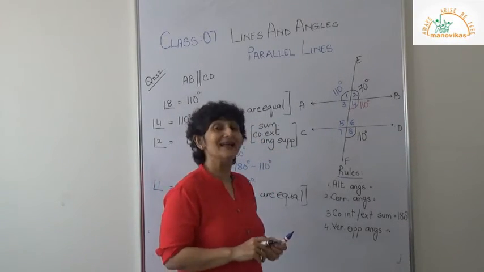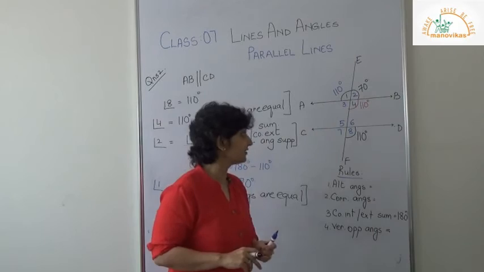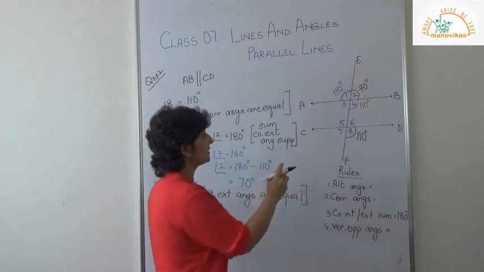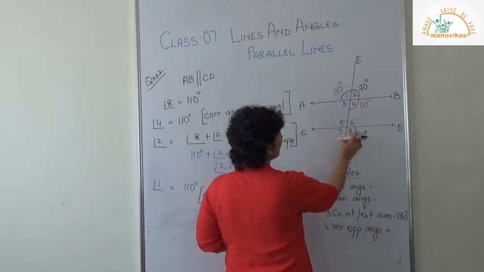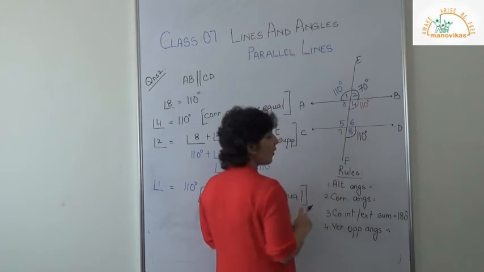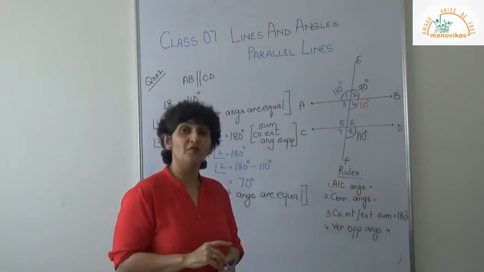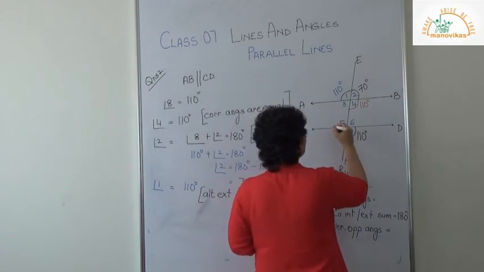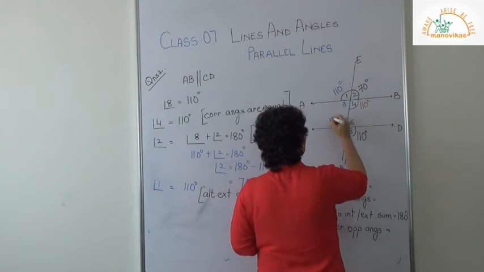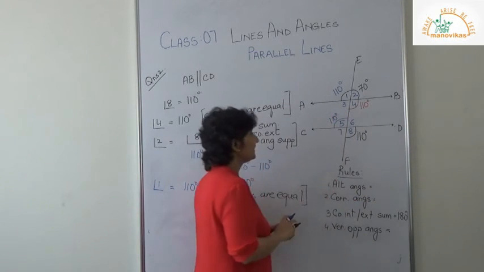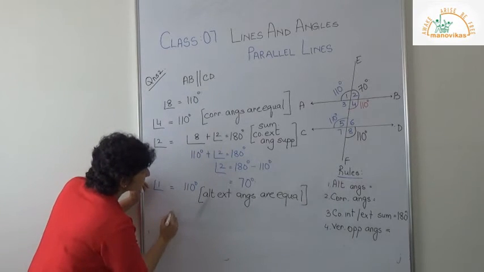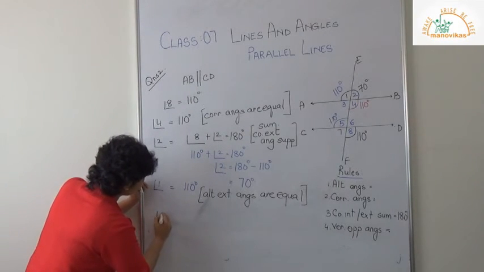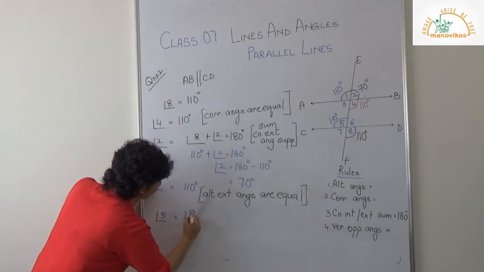Now, so I've got 1, I've got 2, I've got 8. I can also find angle 5. What is angle 5? Angle 5 based on this will be vertically opposite angles. And you know vertically opposite angles are equal. So this also will be 110. Angle 5 is equal to angle 8.